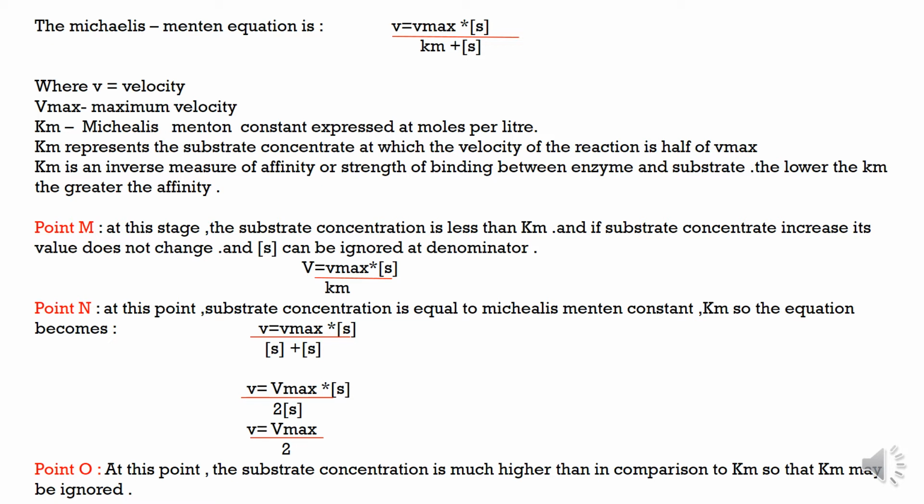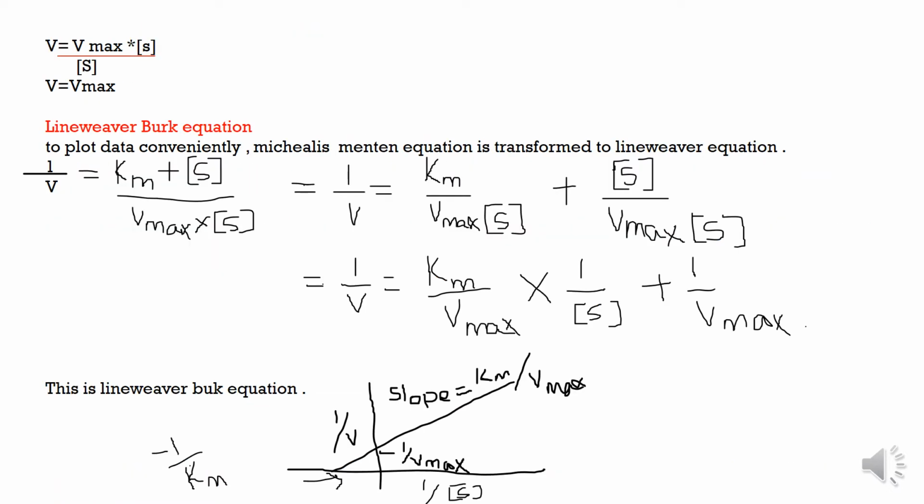At point N, the substrate concentration is equal to Km, so the equation becomes V equals Vmax multiplied by S divided by S plus S, which is Vmax multiplied by S divided by 2S, so V equals Vmax upon 2. At point O, the substrate concentration is much higher than Km, so Km may be ignored. V equals Vmax multiplied by S upon S, so V equals Vmax.